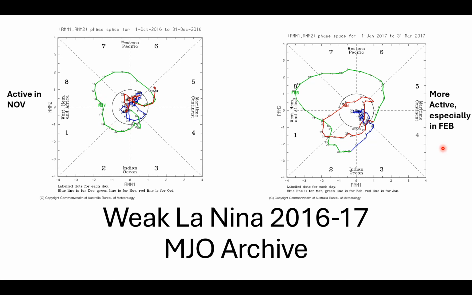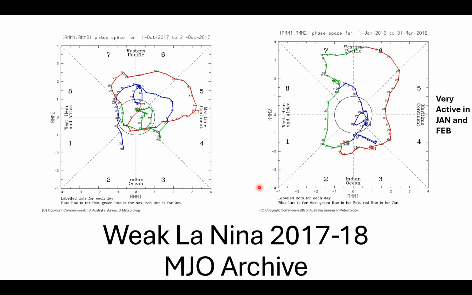Over here on the right, we see the MJO is more active, especially in February. Look at how far this line in mid-February of 2017 is almost to the edge of this MJO phase diagram into phase 8. So this is a very strong signal for the MJO in February of 2017.